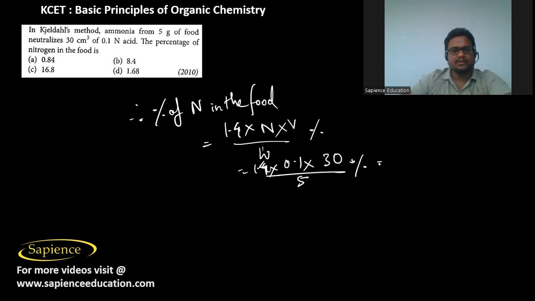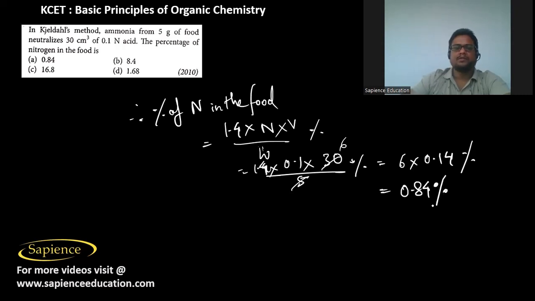So this much percent. 5 6s are 30, so 6 into 0.14 is 0.84%. So option A is the correct answer.